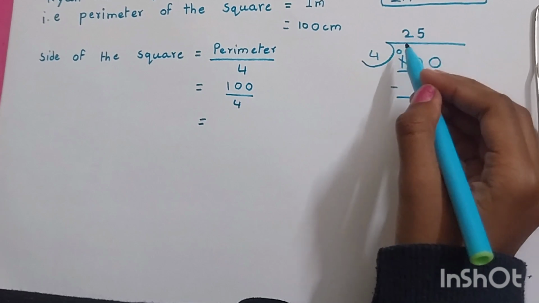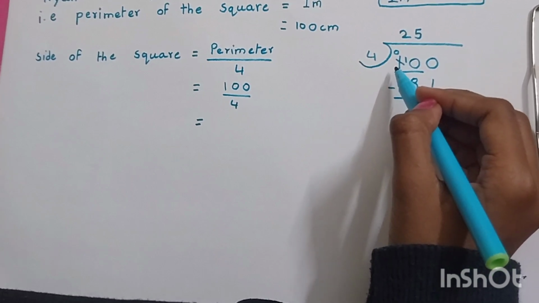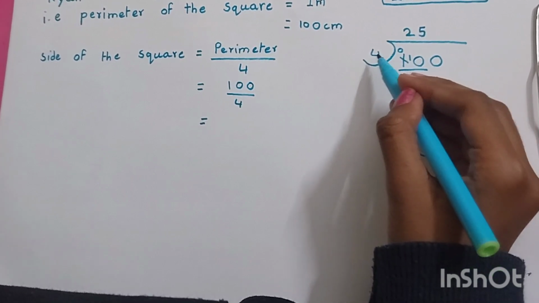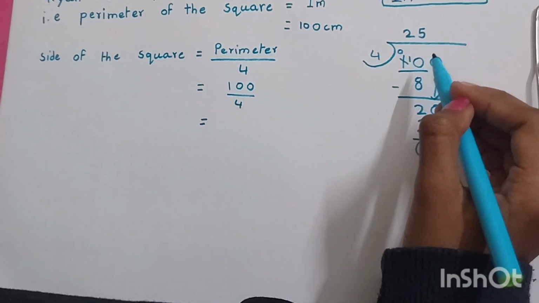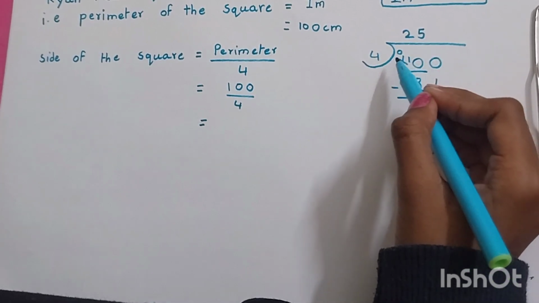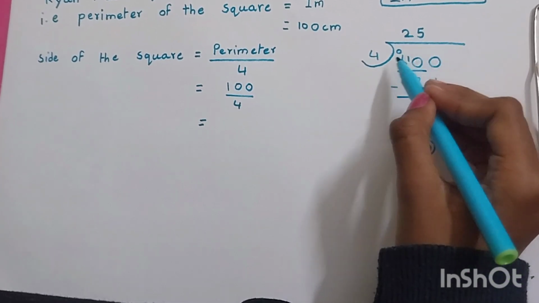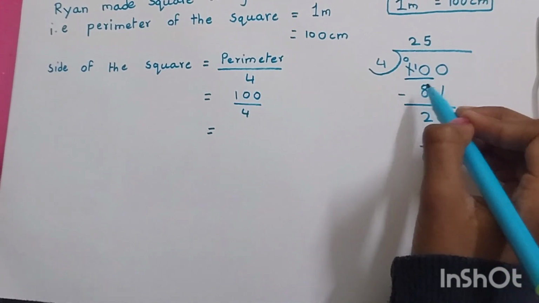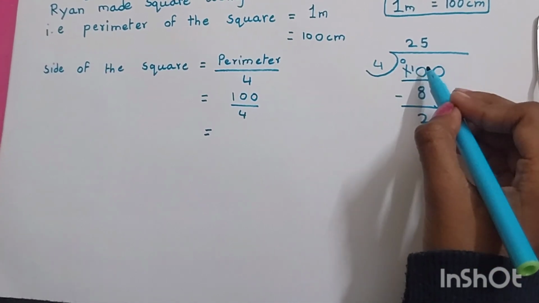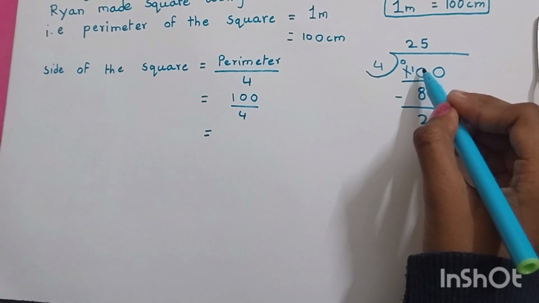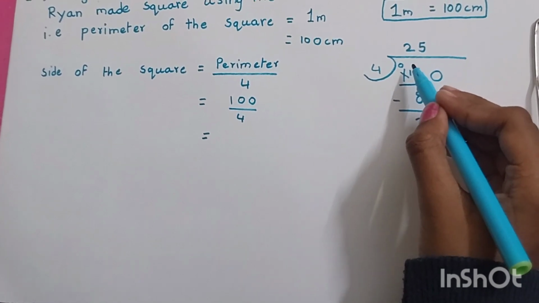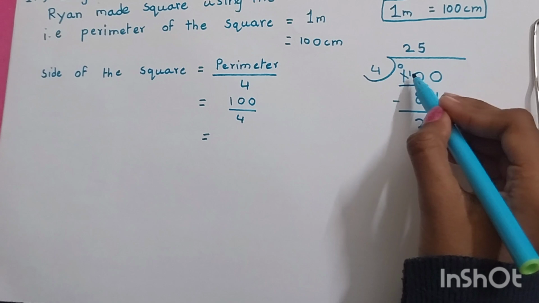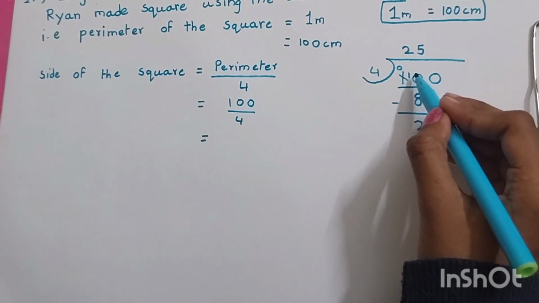4 ones are 4. As 1 is smaller than 4, we took 2 digits. 4 2s are 8, 4 3s are 12. 12 is greater than 10. So 4 2s are 8, we borrowed from the 10's place 1.